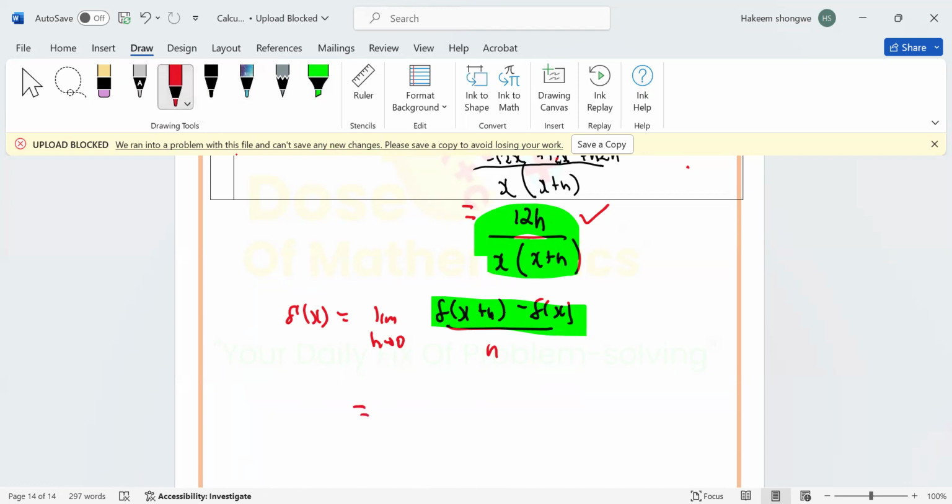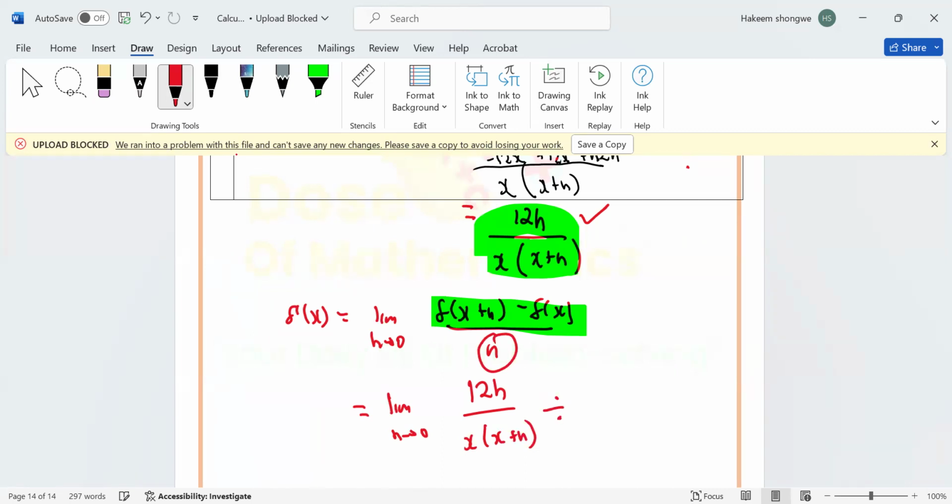Now, look at this here. Because I'm dealing with the fraction, you will remember when you're busy with trigonometry, I would say to learners, it's not nice if you have division. You can use the division line. So I'm going to write this as the limit as h approaches 0 of this fraction, 12h all over x, open bracket, x plus h, and instead of saying divide by h, I am going to use this division line.